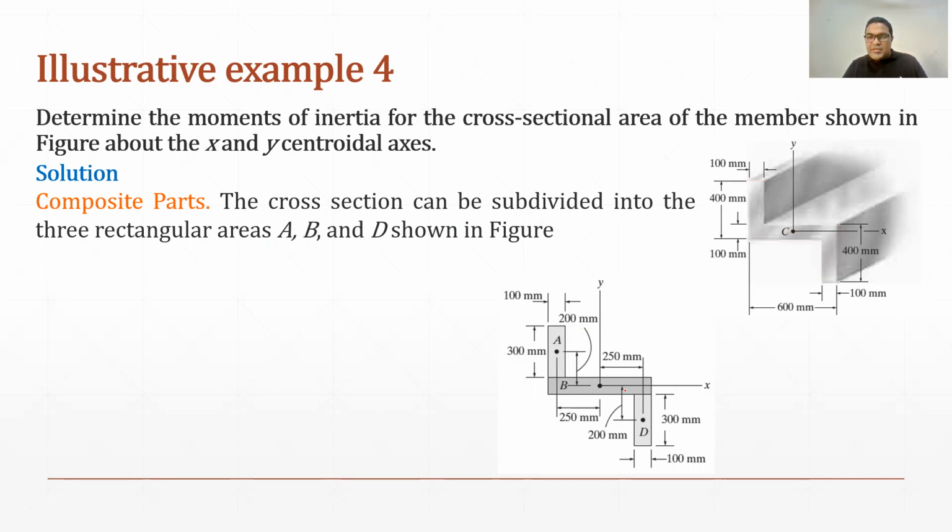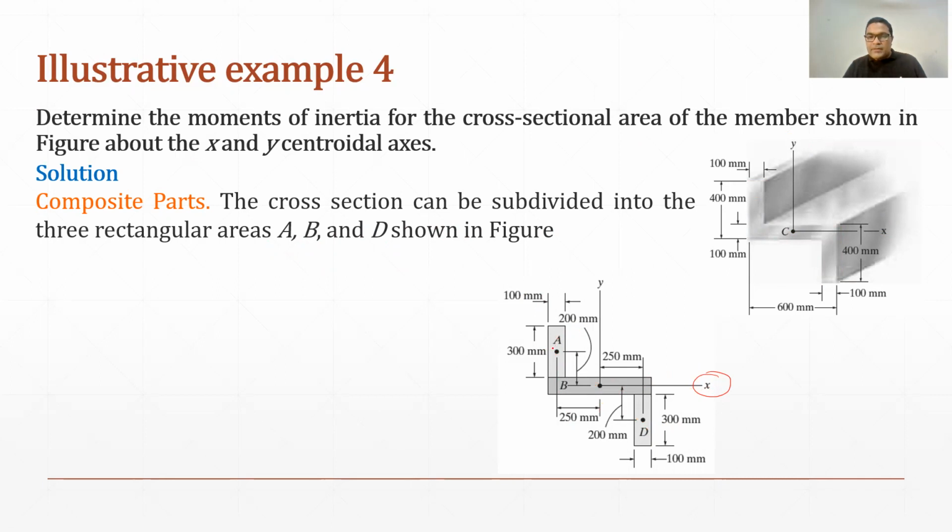In rectangle B, the centroid of rectangle B and the common axis of all three rectangles, about which we have to find out moment of inertia, are all at the same line.